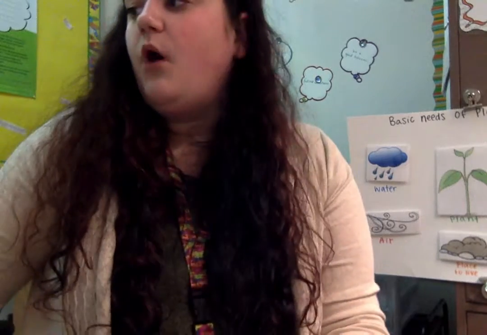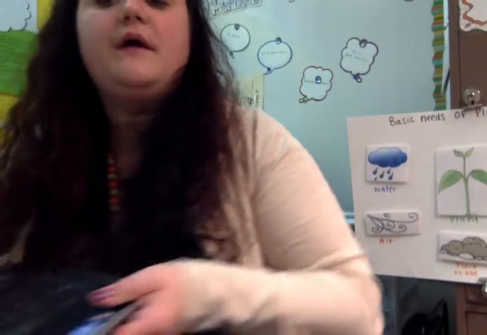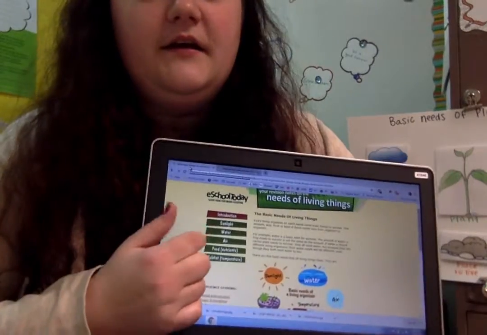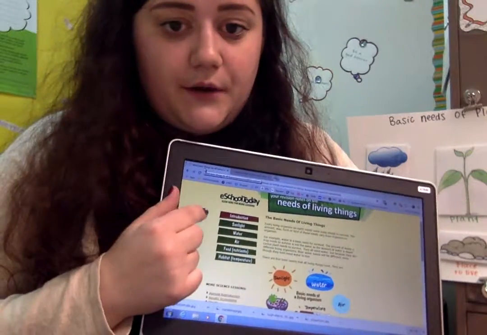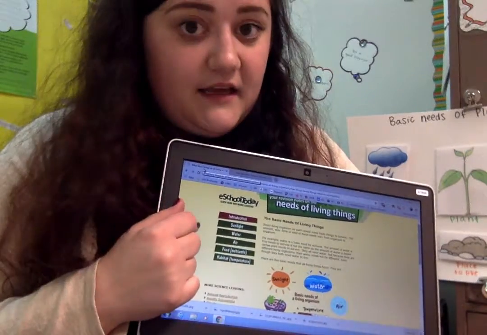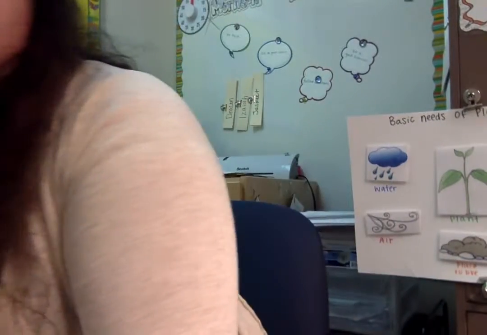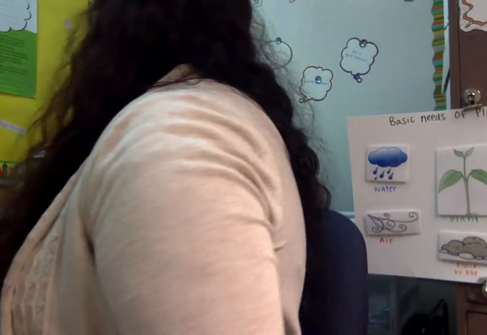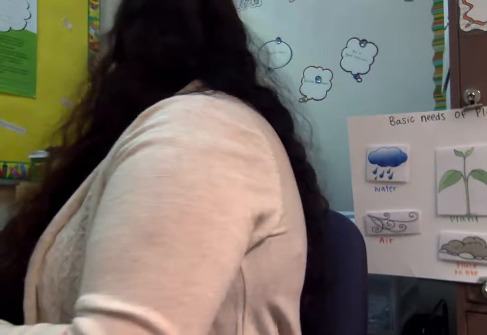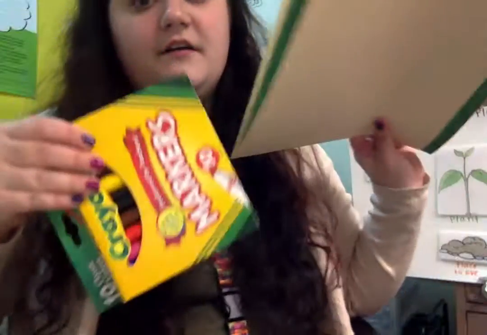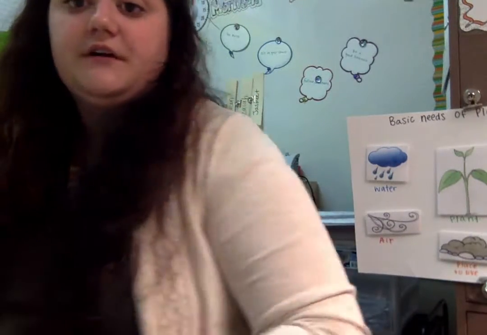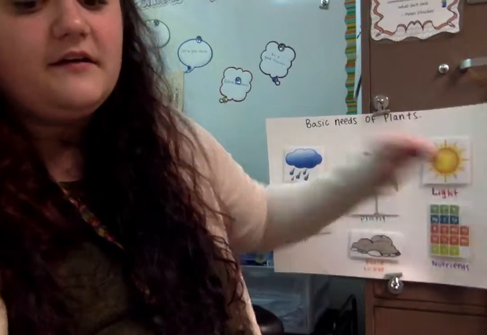And then you also have the option of going on your Chromebooks and doing some research on the basic needs of plants and animals. The 4th choice that you have is I have a bunch of materials here for you guys to create your own model posters, just like mine, so that you have your own to remember the needs of plants and animals.